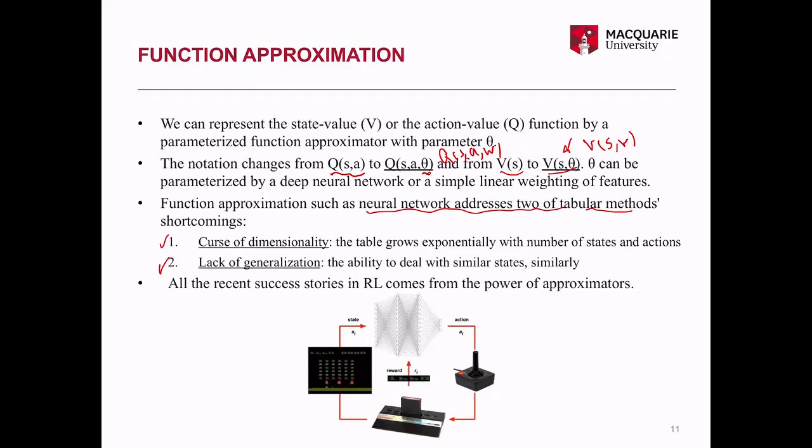But in neural networks, you're updating multiple of them in one move. So it's great. All the recent success stories in reinforcement learning come from the power of approximators. But it also suffers from one theoretical problem: there is no guarantee for their convergence.